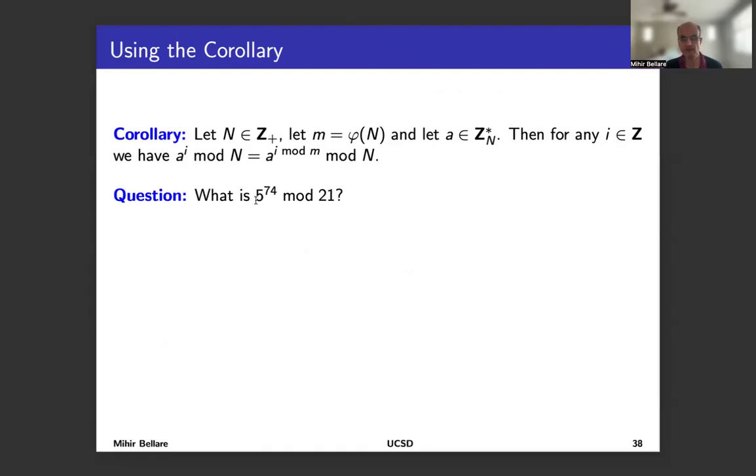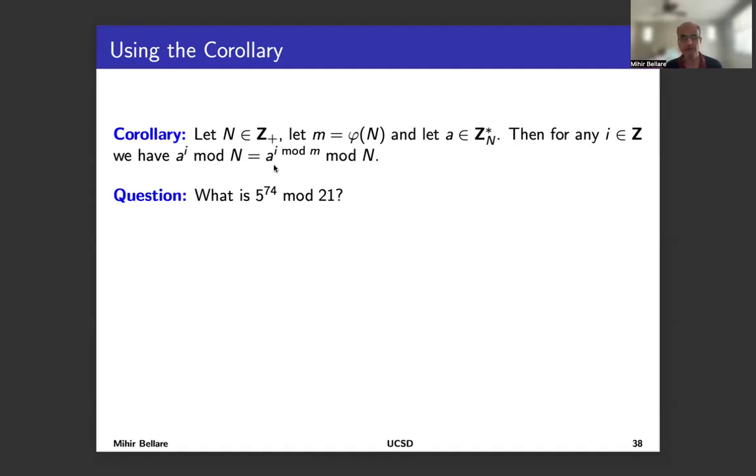And I ask you to compute 5 to the power 74 mod 21. Now, a priori, that looks pretty daunting because the way you would see it is I have to multiply 5 by itself 74 times, which would be a pretty humongous number, and then take the result mod 21. And that means dividing by 21 some huge number, which is not easy.